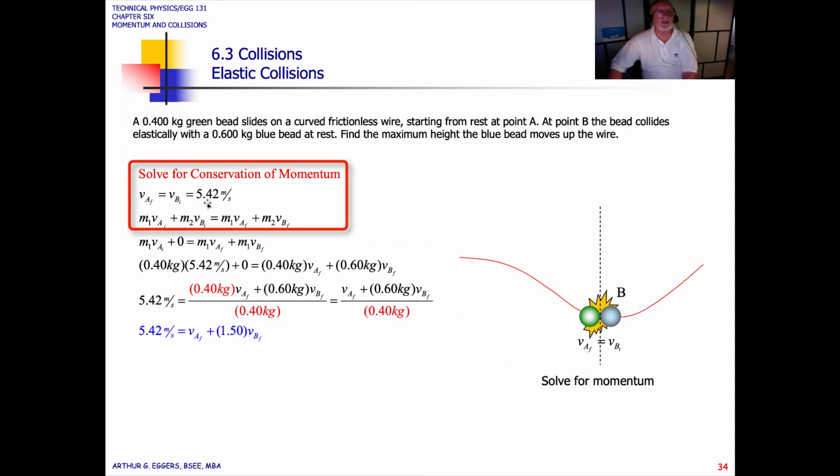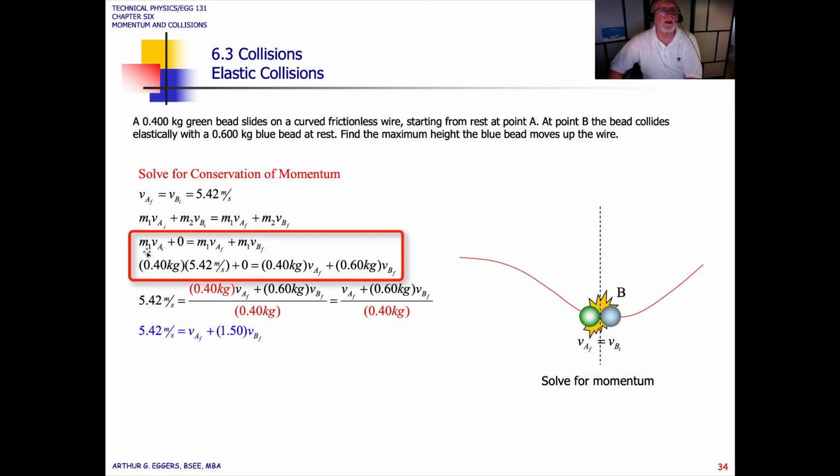Since the velocity is the same, 5.42 meters per second, I can go back to my relationship for conservation of momentum: mass 1 times velocity A initial plus mass 2 times velocity B initial equals mass 1 times velocity A final plus mass 2 times velocity B final. We can say mass 1 times velocity A plus 0, because B at this point is still at rest, equals A and B on the final side moving.